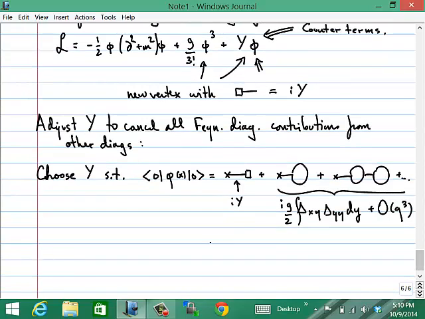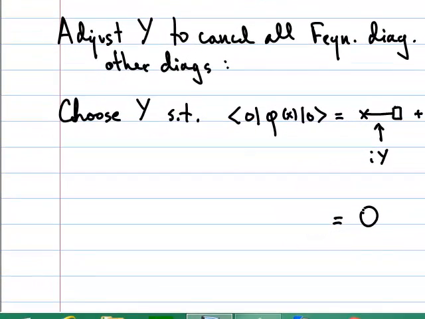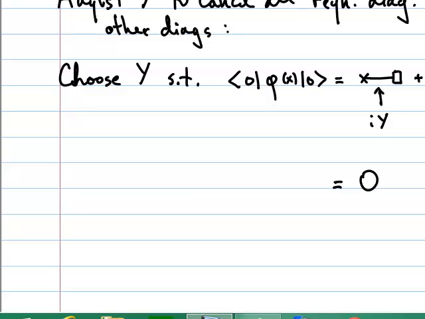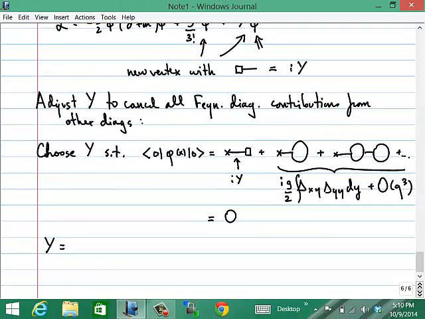So in particular, we need to set this equal to 0. So that means that if you're studying these Feynman diagrams order by order in perturbation theory, then you need to evaluate this counter term y order by order in perturbation theory.